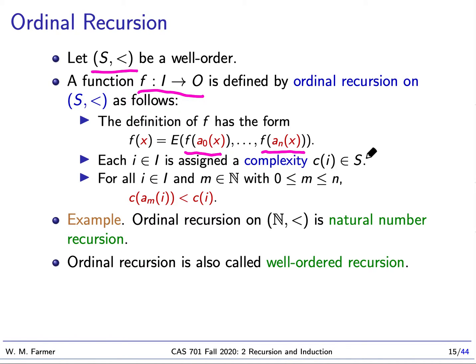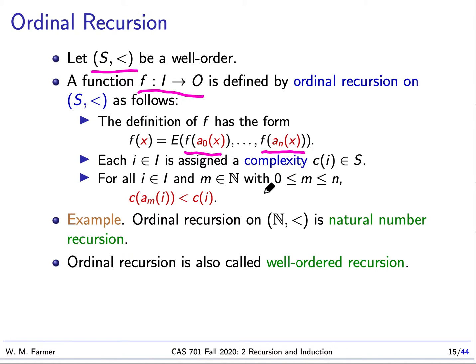Now remember, S is a well order. That means that if we pick out values in S and we keep picking smaller values, we'll eventually have to stop that process after a finite number of steps. In other words, there are no infinite descending sequences in S because it is a well order.